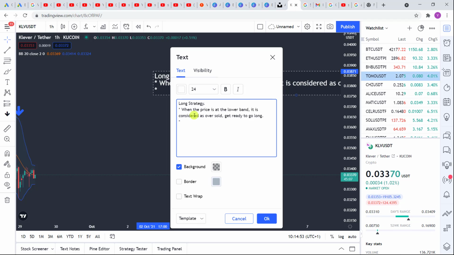At this particular point, look for price, if it has gotten to a major or minor support level.